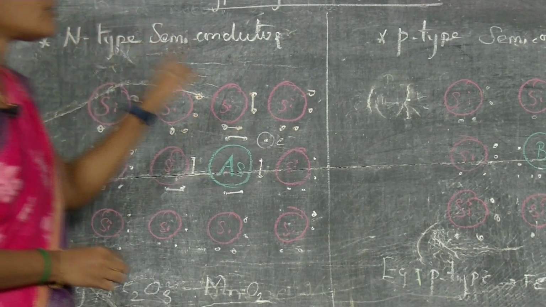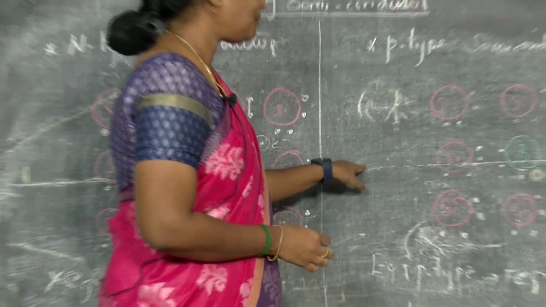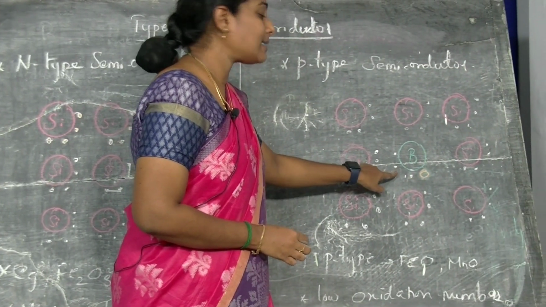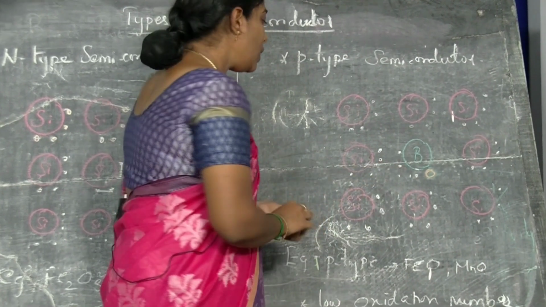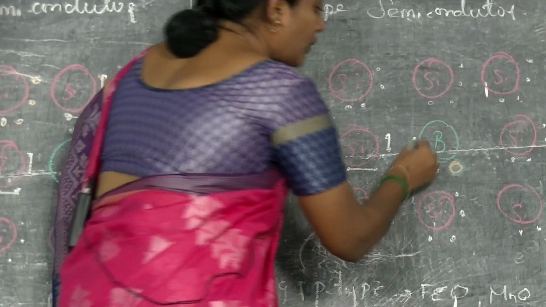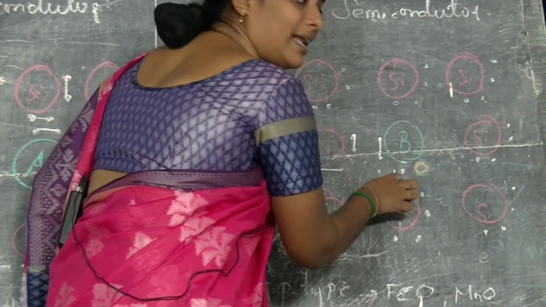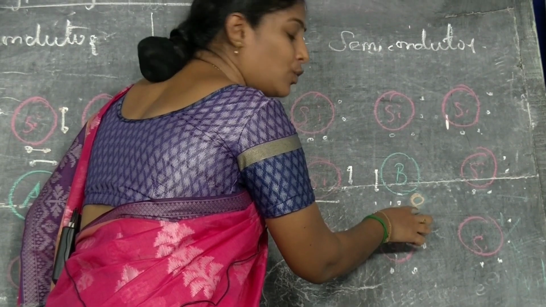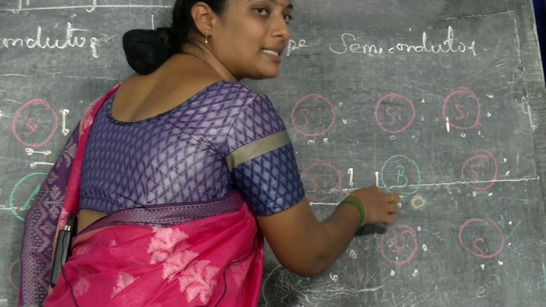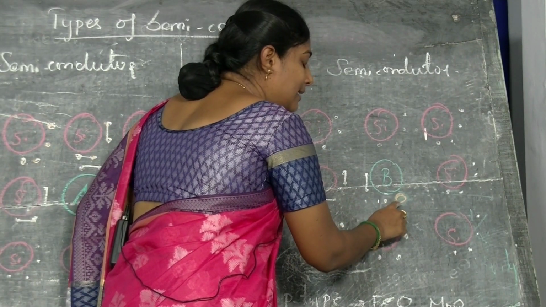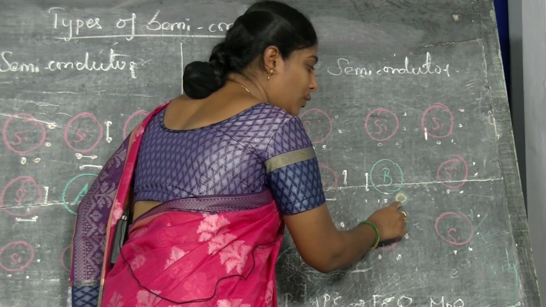In the case of a P-type semiconductor, silicon has 4 valence electrons and boron has 3 valence electrons, right? So it will make a bond. Here one electron is here, and here this is a hole. There is no electron for it because boron has only 3 valence electrons, right? So boron has a hole.